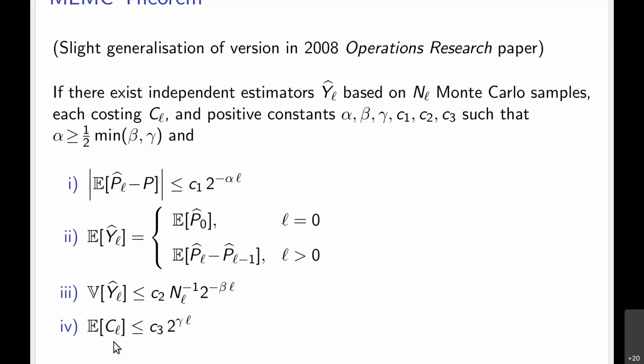And correspondingly, the expected cost of the samples increases with level at a rate given by gamma. And so beta and gamma are really the two key parameters here. Beta controls how quickly the variance goes to 0. Gamma controls how quickly the cost increases.